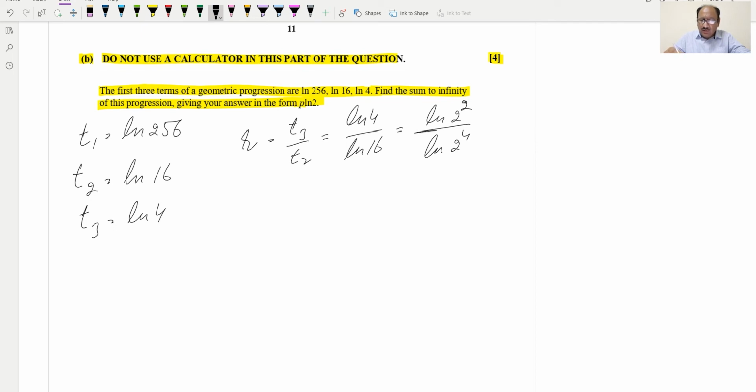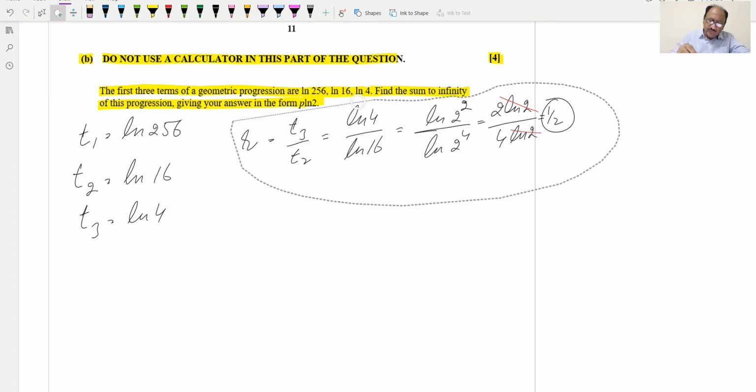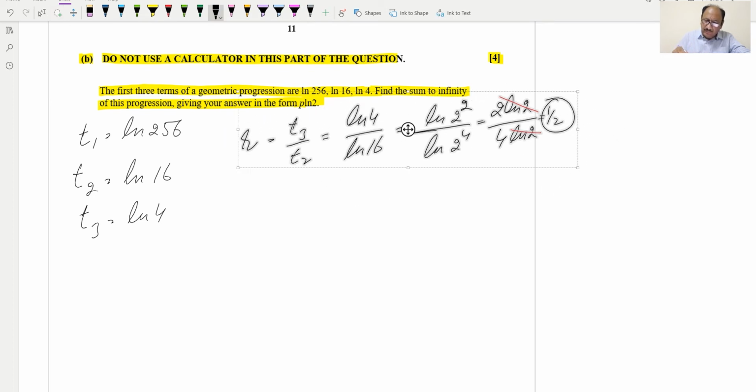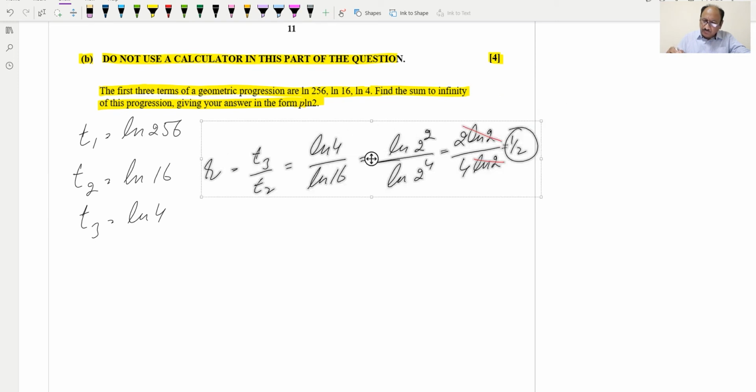Log of 2 we can rewrite: 2 log 2 over 4 log 2, and we can cancel log 2, and this will be equal to 1 by 2, which is the common ratio.